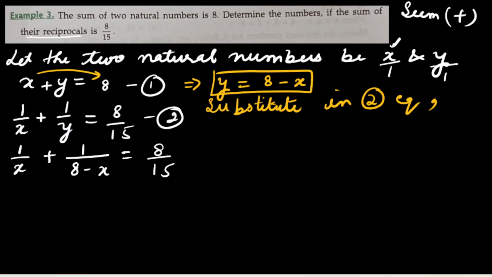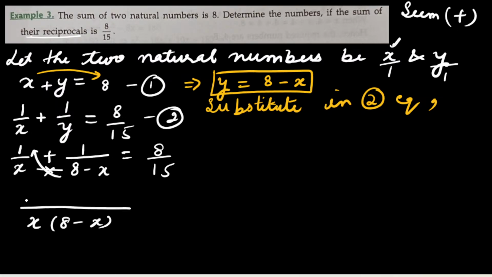Now two fractions are getting added. So whenever two fractions are getting added, we have to make the denominators the same or take the LCM. So how to do that? Always remember, just multiply the denominators. So x into 8 minus x, and what to write here? 1 into 8 minus x.